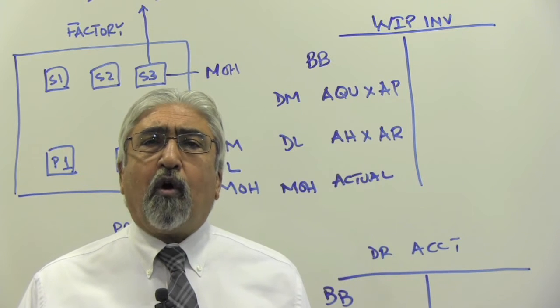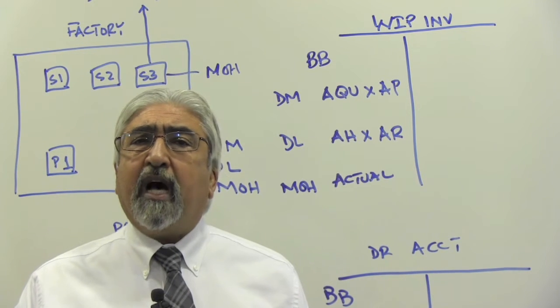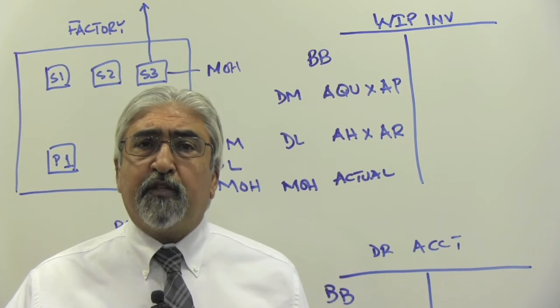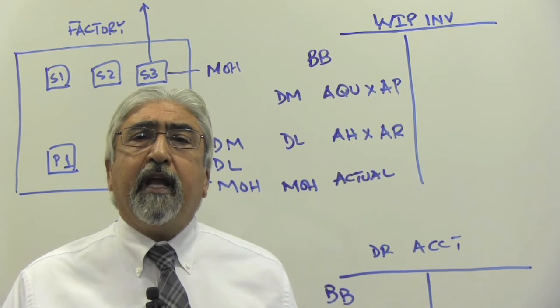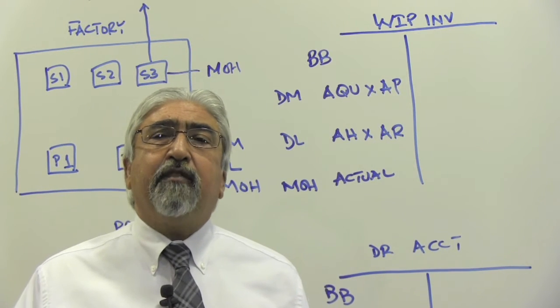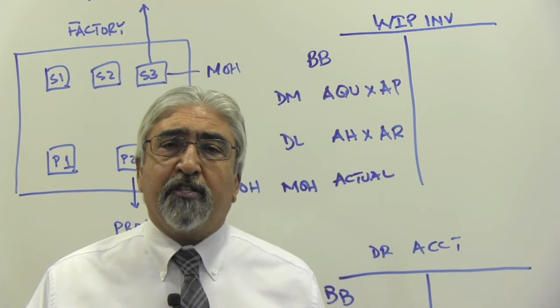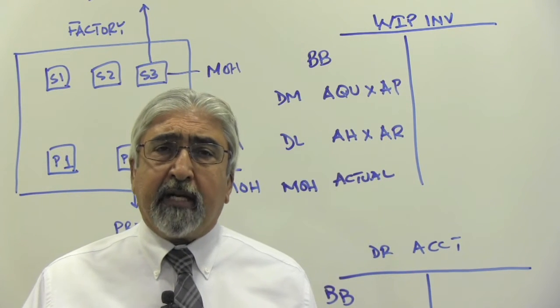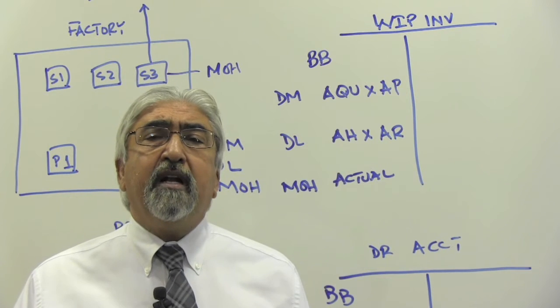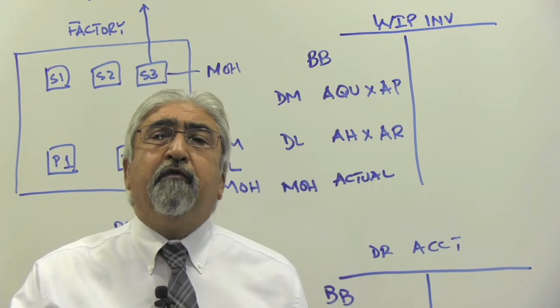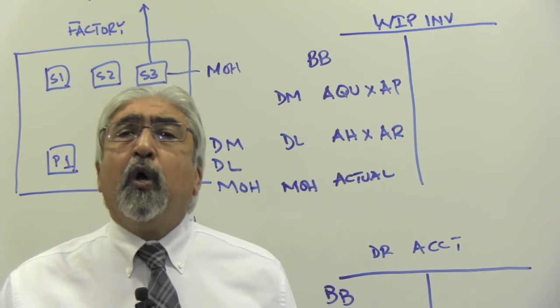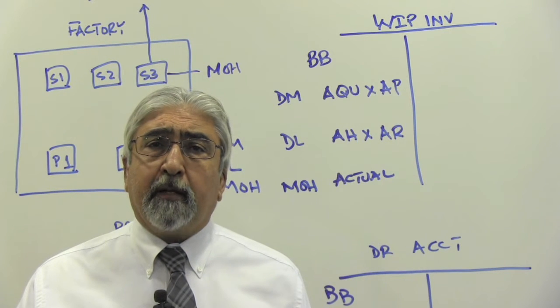Direct material costs and direct labor costs are easy to trace to the units of product because we can use the direct tracing method, which is a one-to-one relationship between a cost and a cost object. The difficulty is in tracing manufacturing overhead costs to units of product.